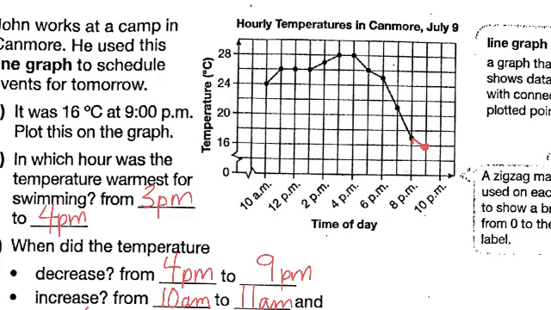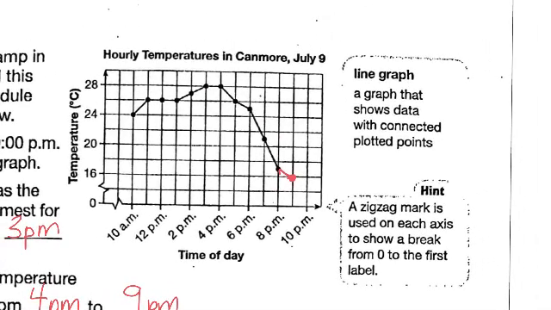Now there are some things on here that I want to point out on this particular line graph. Here it says a zigzag mark is used on each axis to show a break from 0 to the first label. So here's that zigzag mark right there. When we use a zigzag mark, it's only to show a jump from 0 to 10 because we weren't recording any data there, so it wasn't relevant at that time.